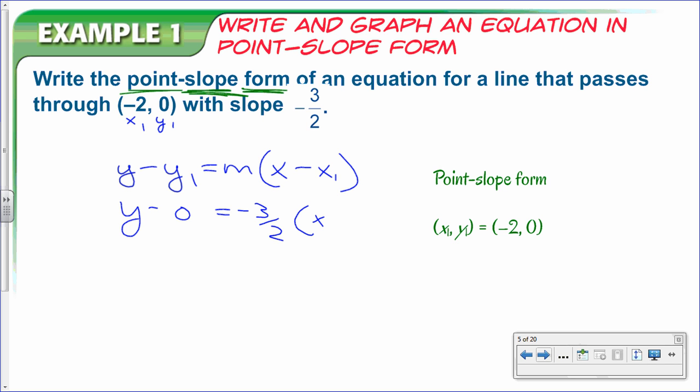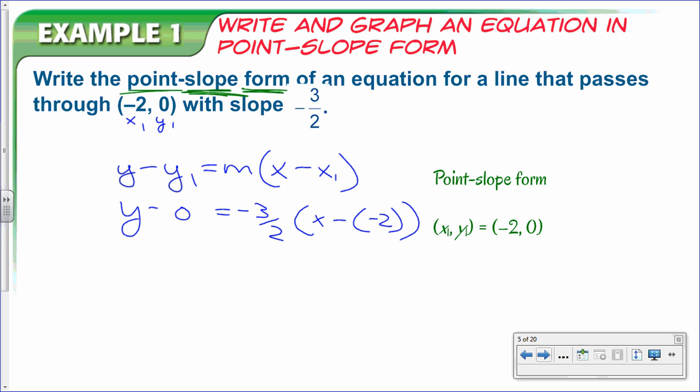Got to make sure I keep my minus separate from my negative. Right, keep your minus separate from your negative. Okay? Now, is there anything else I need to do?